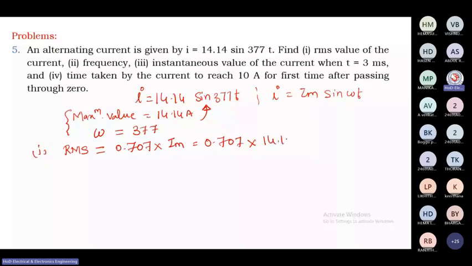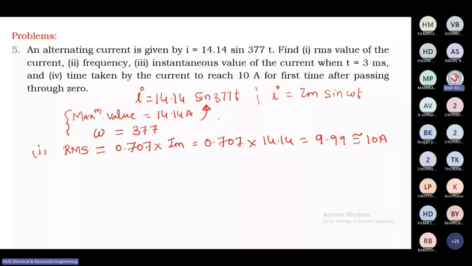So that is your maximum value. So it is 9.99, which is approximately equal to 10 amperes. Okay. So your RMS value is 10 amperes.